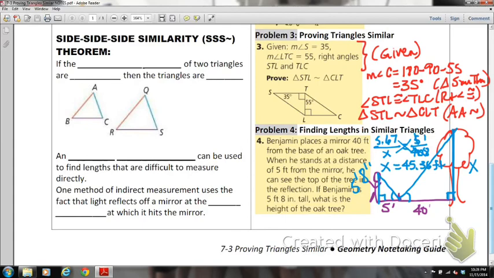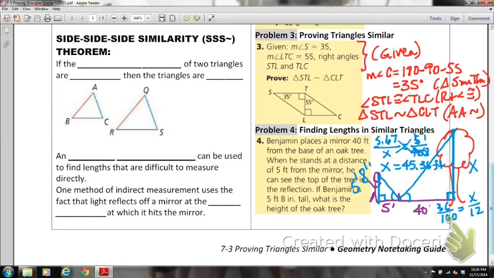Now, if you want to convert the 36 hundredths of a foot back into feet and inches, since you've got 45 feet there, how do you convert that? To do that, you need to use another proportion: 36 over 100 is equal to x over 12, and solve that for x.